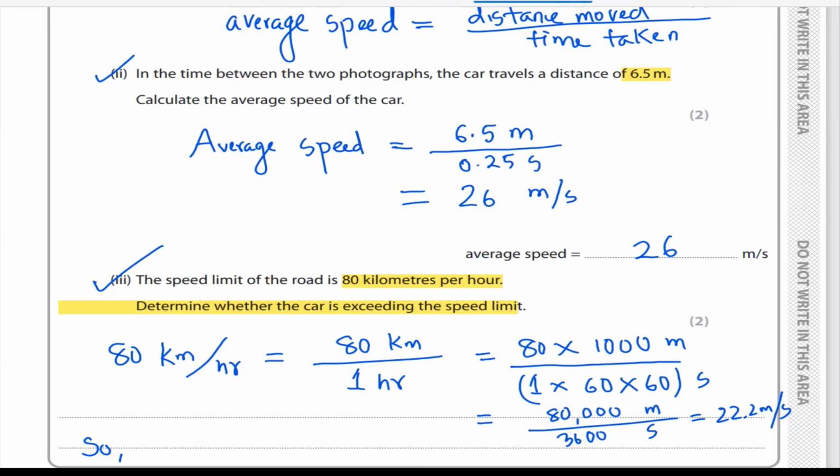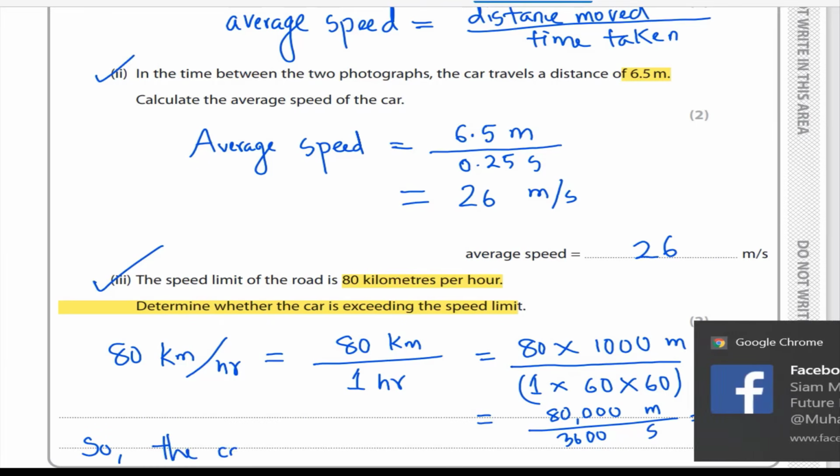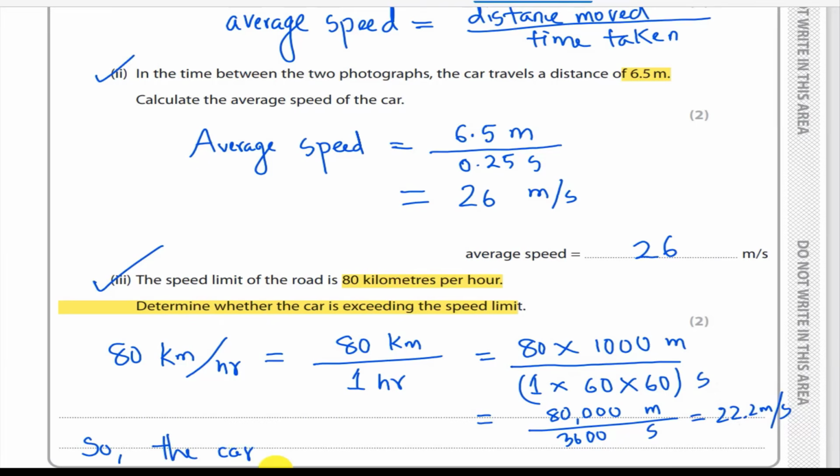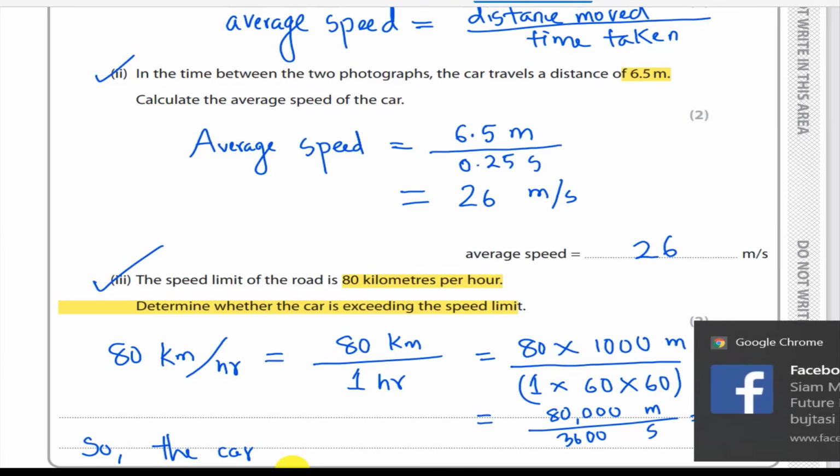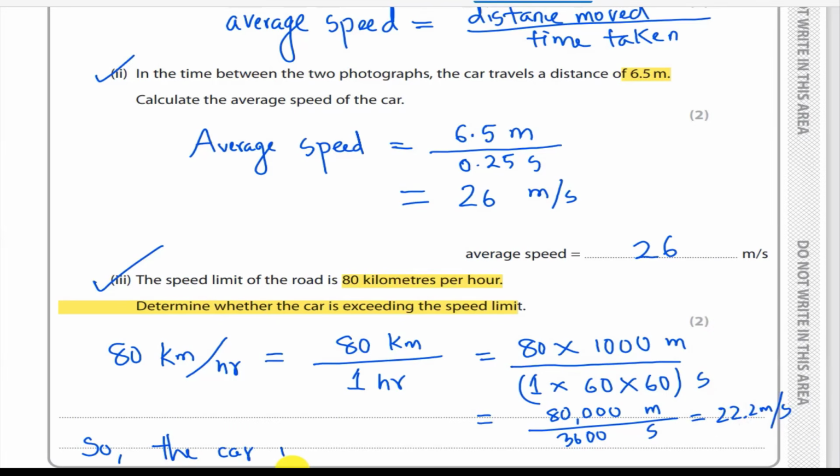So the car is exceeding the speed limit.